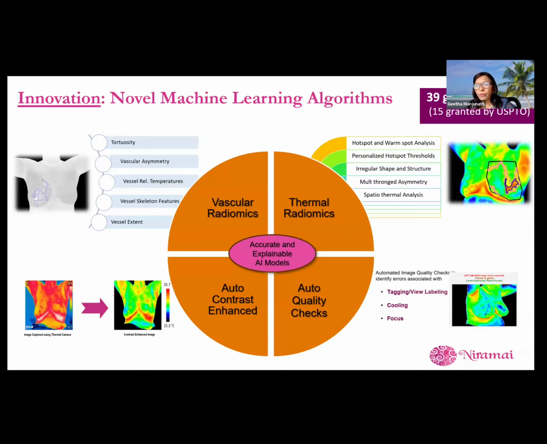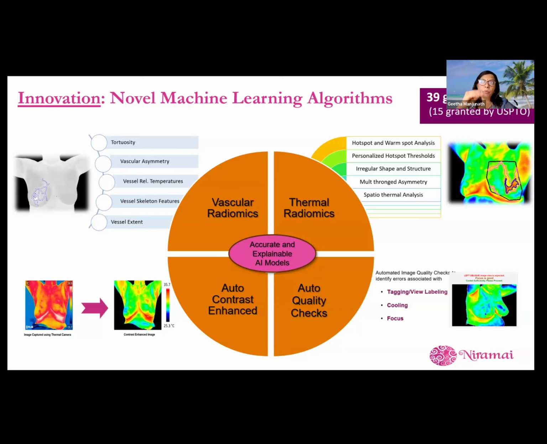More so, if you want to sort of double click, I mentioned the hotspot. Just like a lump in a density domain, we have a concept of hotspot in a thermal domain. And what is hot is different for different people. The way we react to cool air being blown is different for different people, though all of us are supposed to be at 37 degrees Celsius.